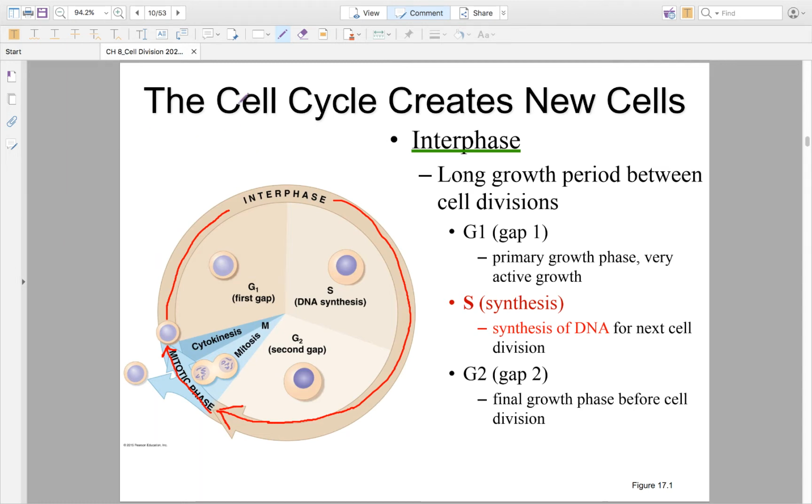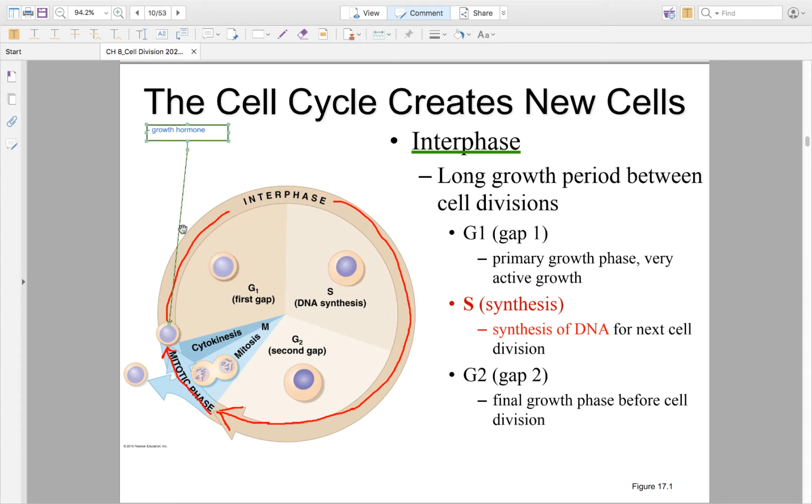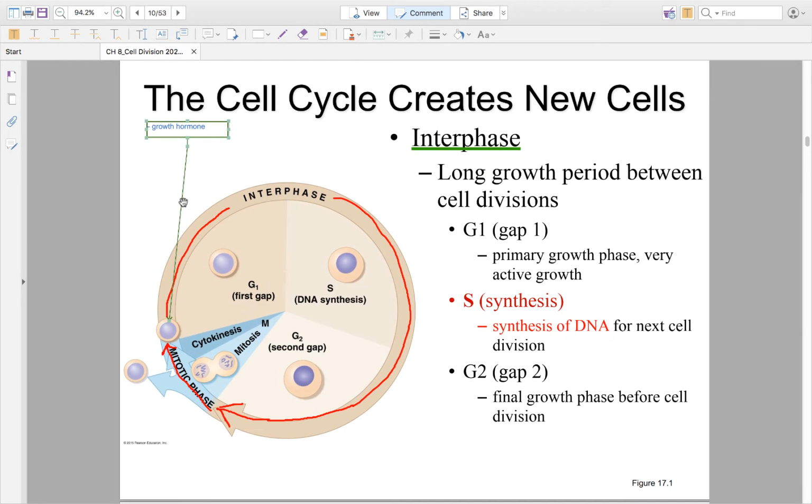First, a cell has to be instructed to enter the cell cycle with growth hormone. Growth hormone does exactly what it sounds like. It is responsible for growth, and that includes cells and their replication process.